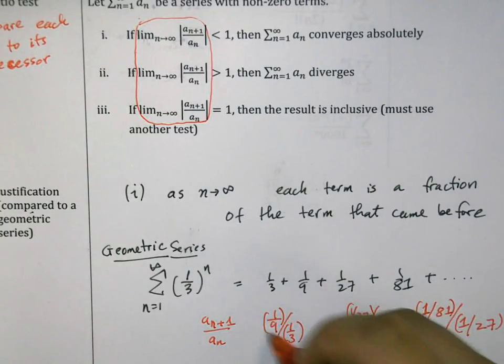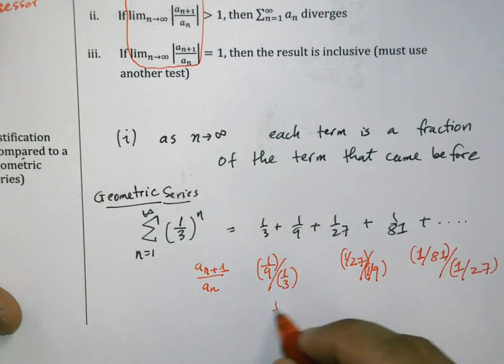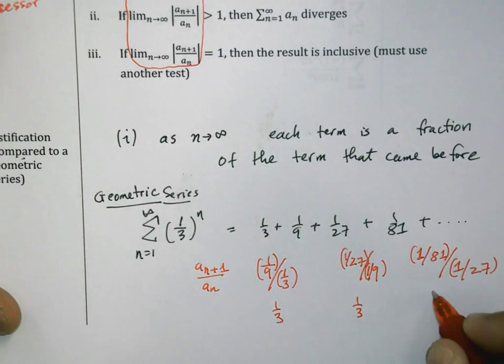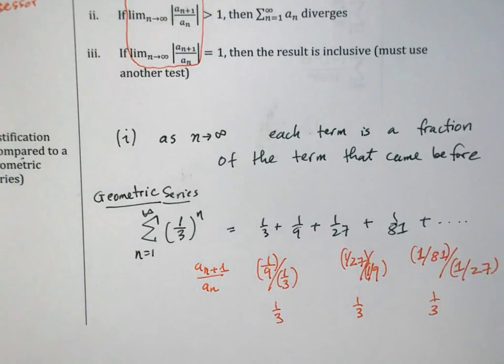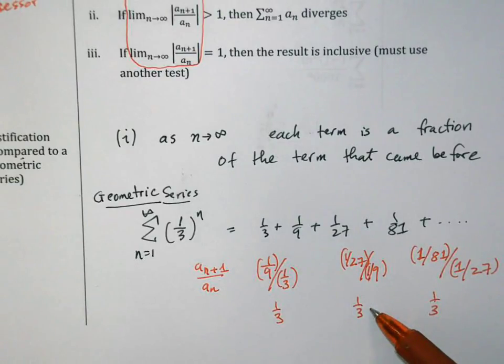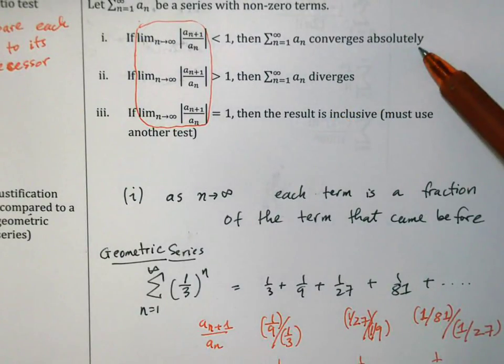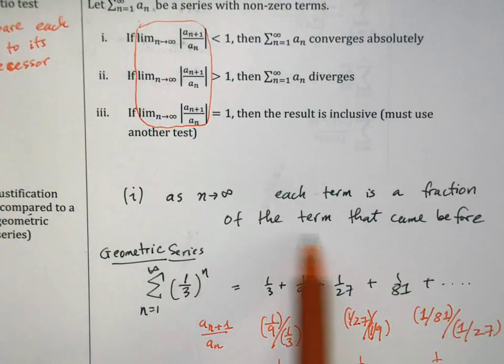Okay. So if we were to make this comparison, we end up with 1/3 every time, right? So for a geometric series, if the ratio between each of the terms is less than 1, then the series converges. Otherwise, it diverges.